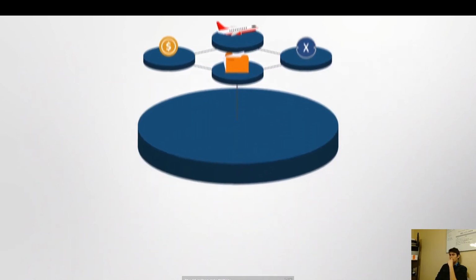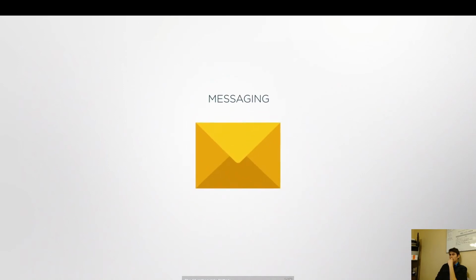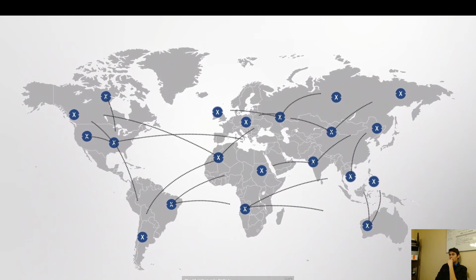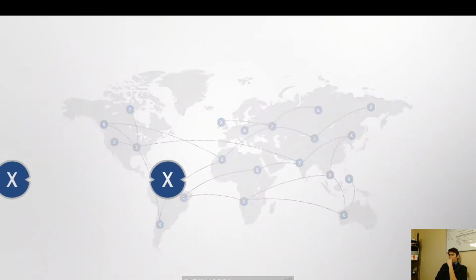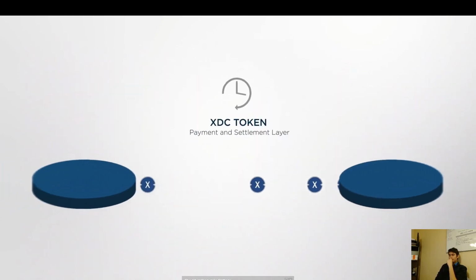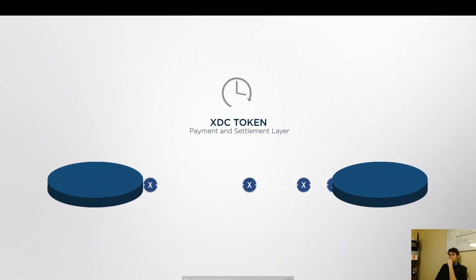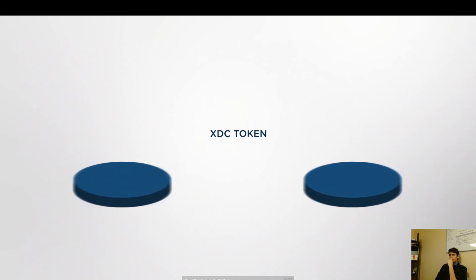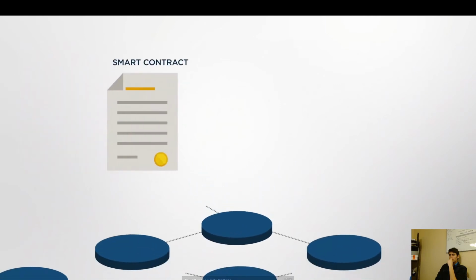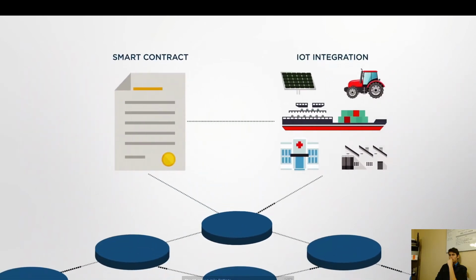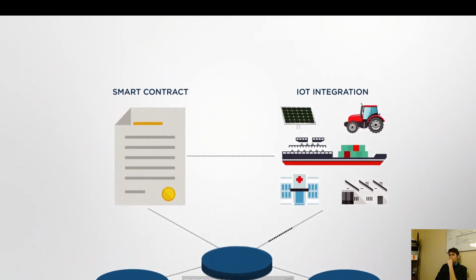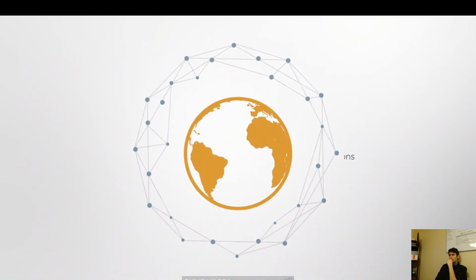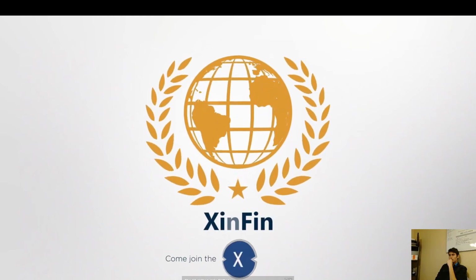The XDC protocol can work as a messaging and confirmation layer for domestic or cross-border approved payments. Or the XDC token can be used as a payment and settlement layer, supported by approved financial institutions. With secure and audited smart contracts and IoT integration, the XDC protocol facilitates real-world contracts and transactions. Come, join the XDC community.